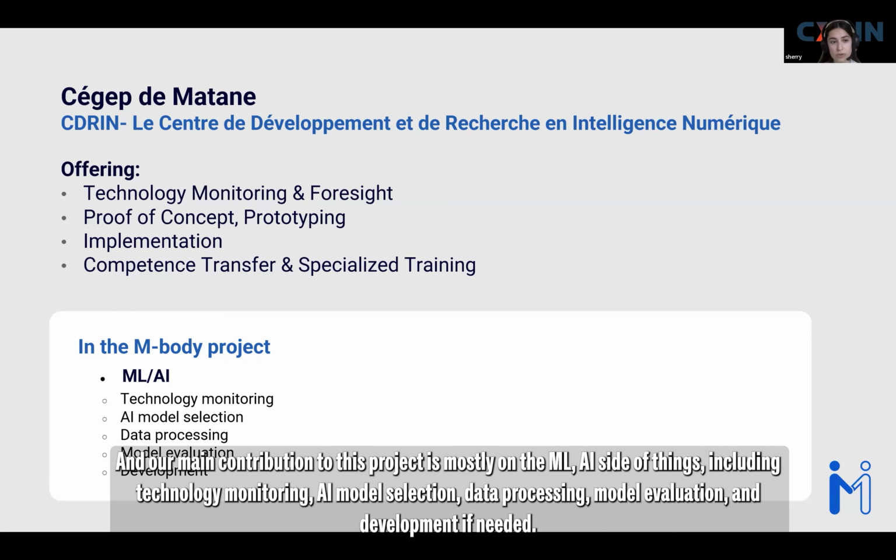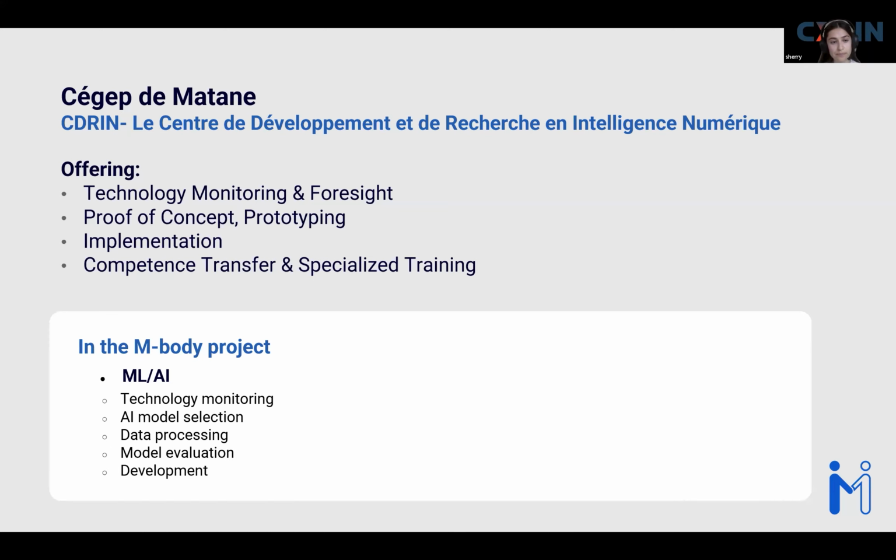And our main contribution to this project is mostly on the ML AI side of things, including technology monitoring, AI model selection, data processing, model evaluation, and development if needed.